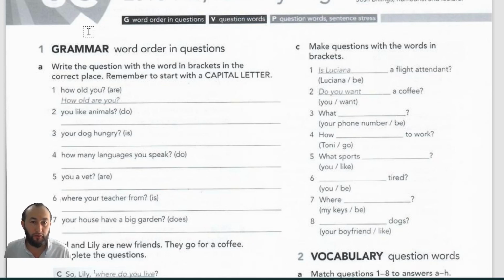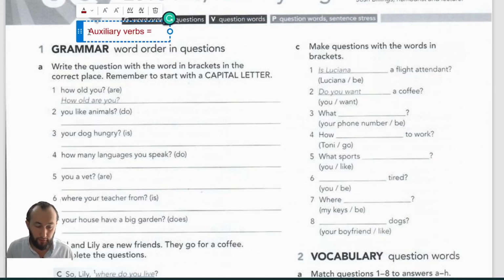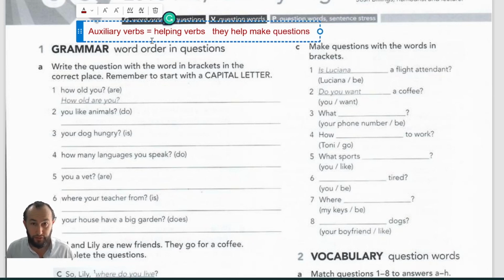Okay, so auxiliary verbs, let me write it down here. Auxiliary verbs, they are helping verbs, because they help make questions, right?